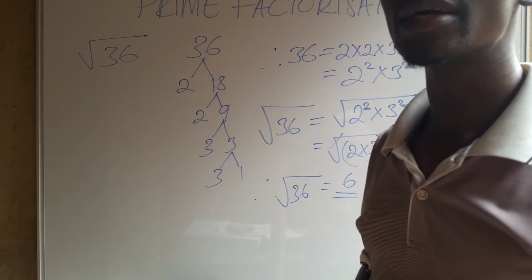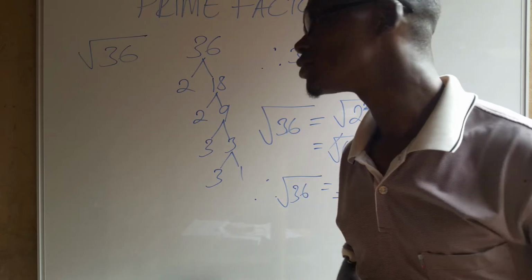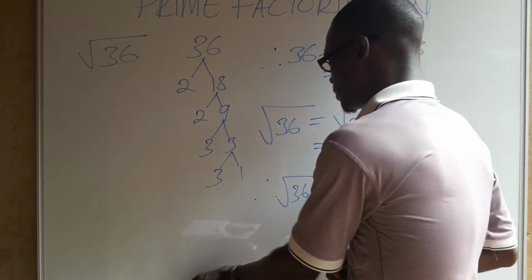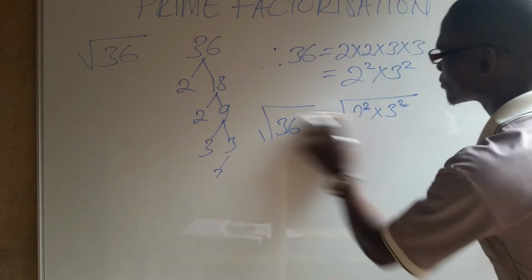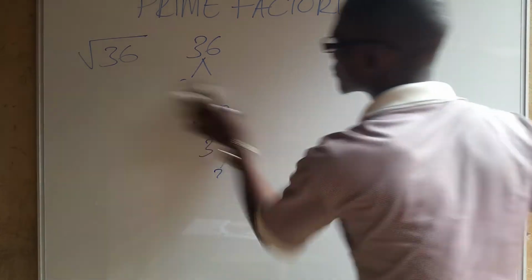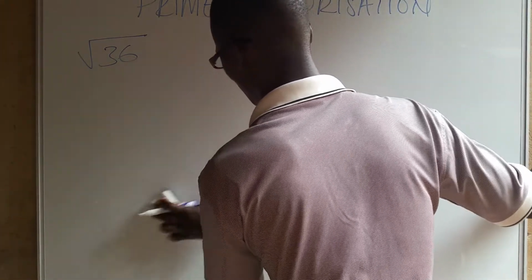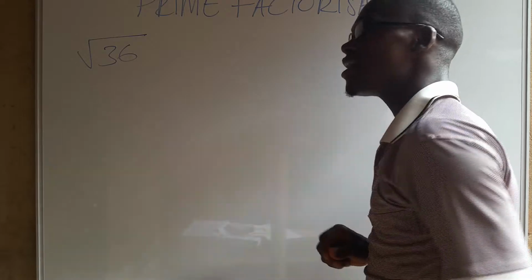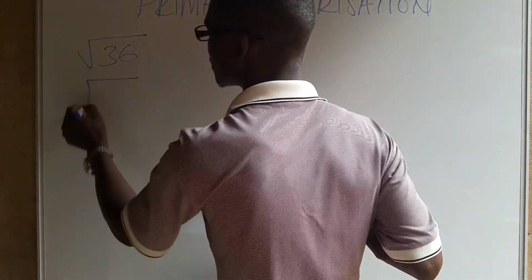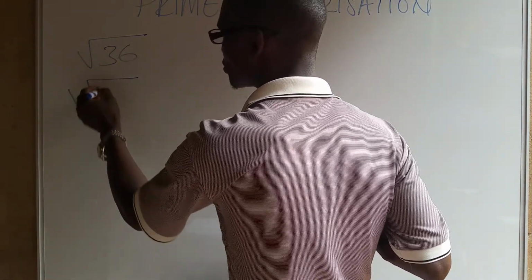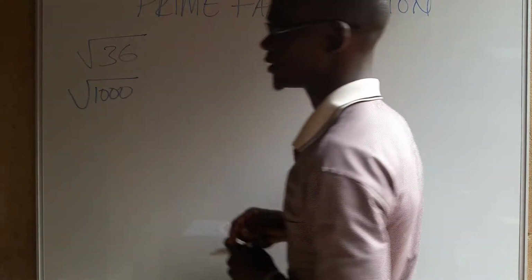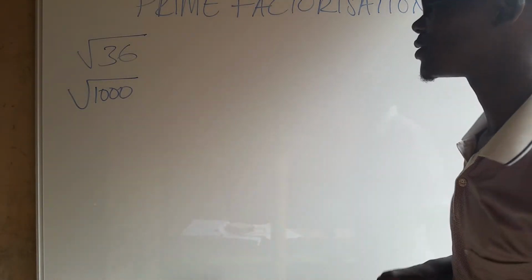We can do the same for the cube. Let us look at how we get the cube root of 1000 using prime factorization.